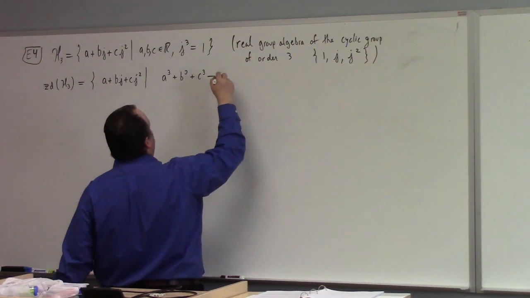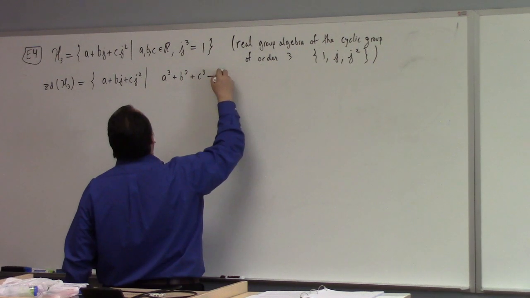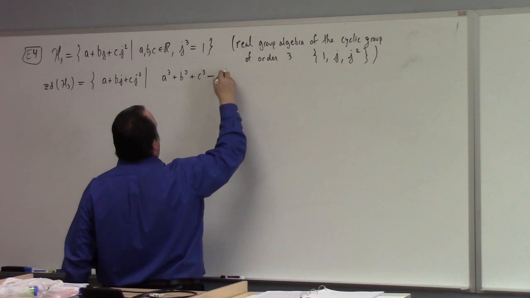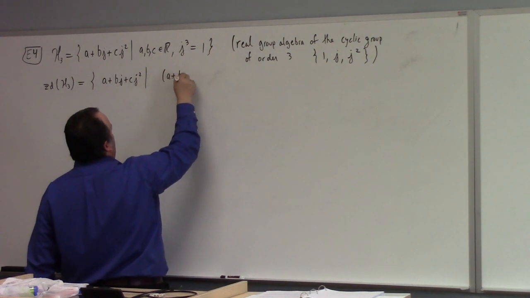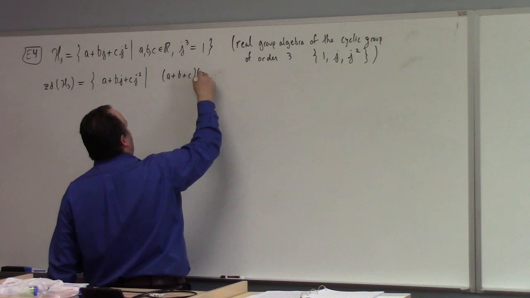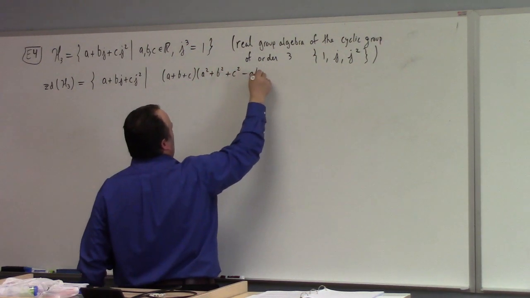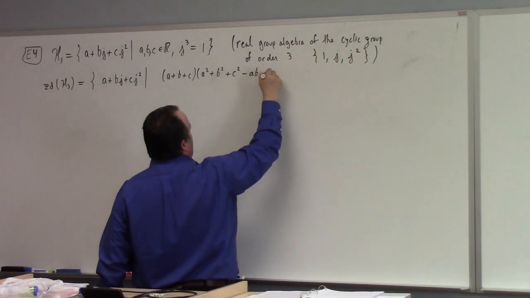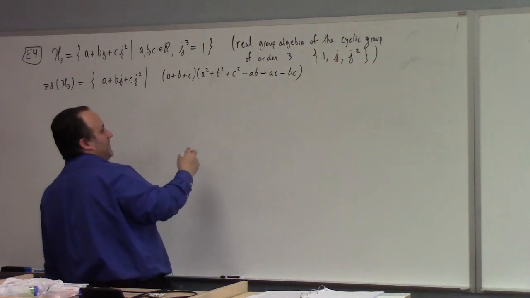Oh, I didn't write it out, rats. Oh, man. Would it have something to do with things that are determined in the standard matrix? Yeah, but I'm trying to avoid saying those words. a squared plus b squared plus c squared minus ab minus ac minus bc, I believe, equal to 0.